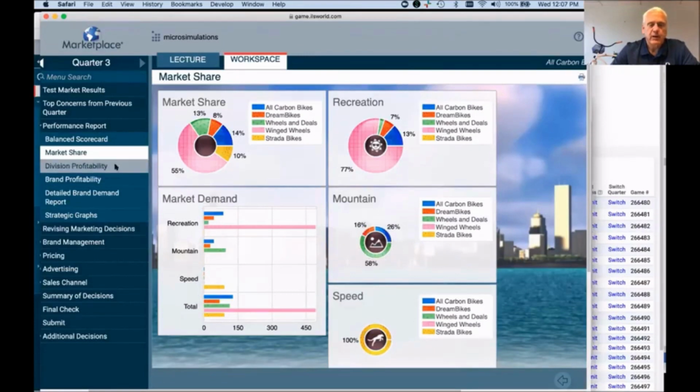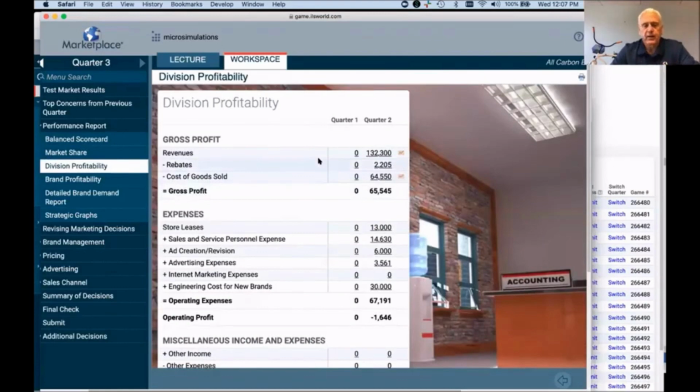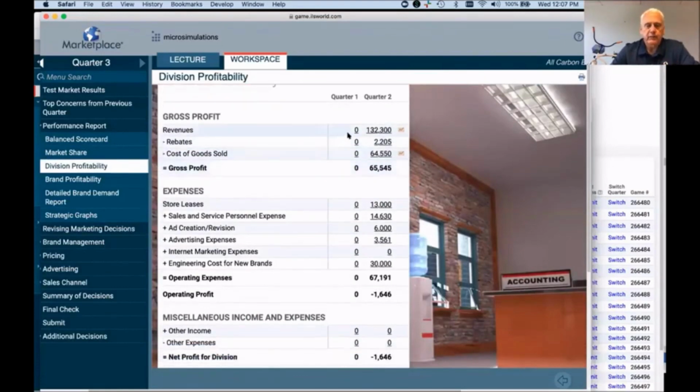I can see my profitability, and so I have my revenues, rebates, cost of goods. All my expenses are here. This is a summary of all of my decisions, in financial form. And you'll see that there's internet marketing expenses. They haven't started yet.